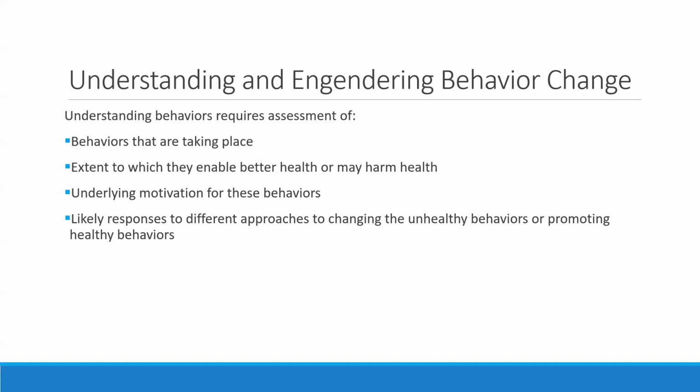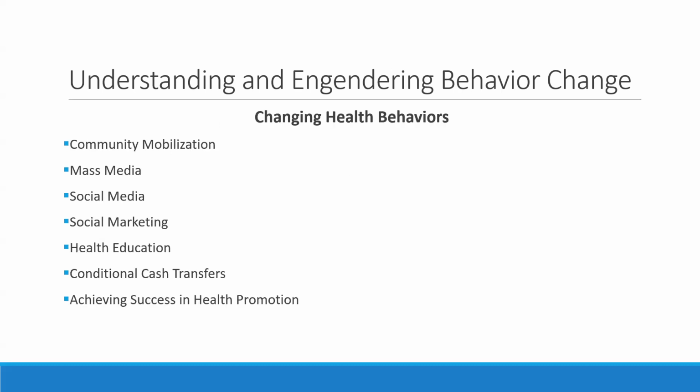This is thinking about the starting point of a health program and how we create a program that will respond to this. If you know this information, you can then think about the health behavior model that might be most effective.